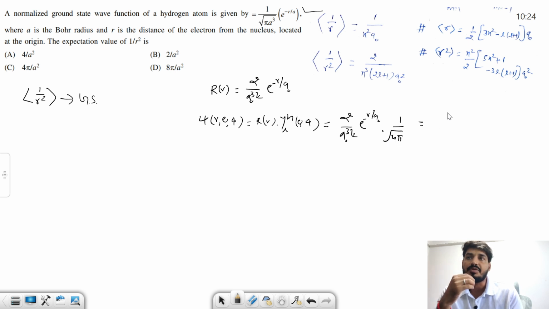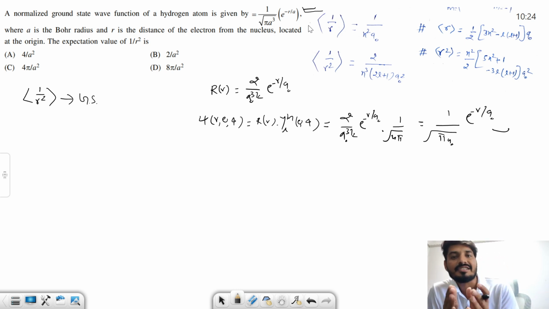So this becomes 1 over under root pi a naught cubed, e to the power minus r by a naught. Now you see this is similar to this one. So I can say that this is the total wave function given to us. So if total wave function is given to us, how to find out the expectation value of any quantity?